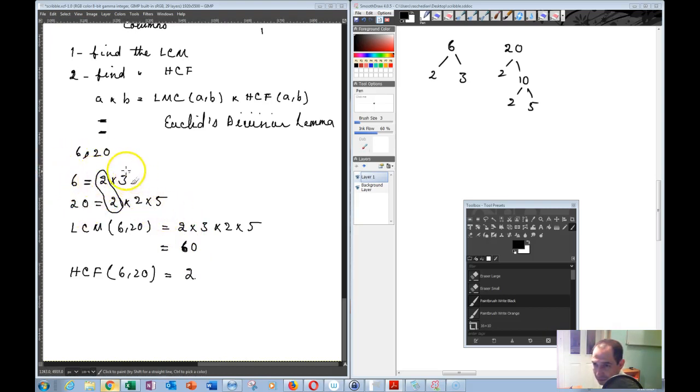For a 6 we needed a factor of 2 and a factor of 3. For a 20 we needed a factor of 2 and another factor of 2 and a factor of 5, and that's basically how we made the LCM.